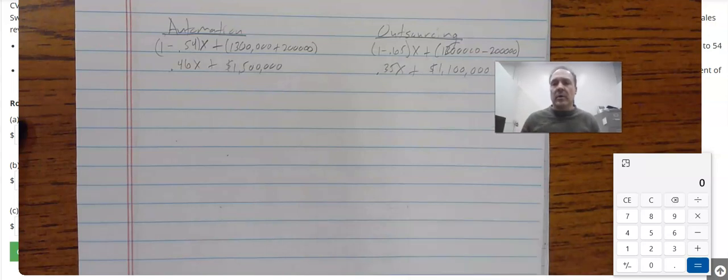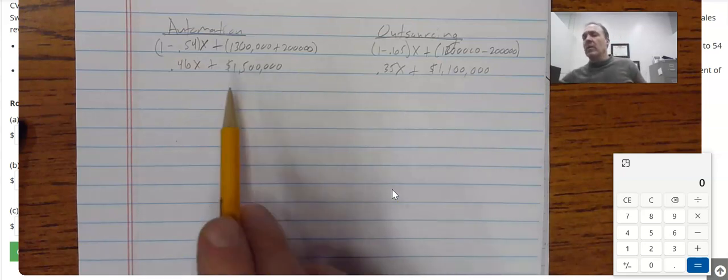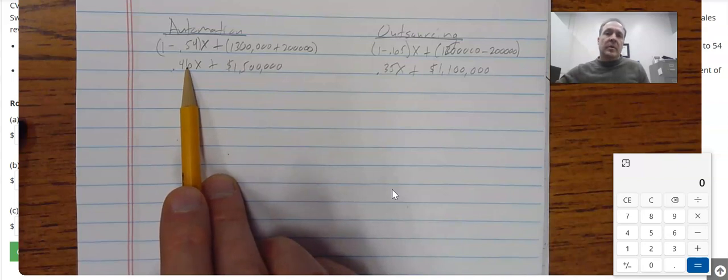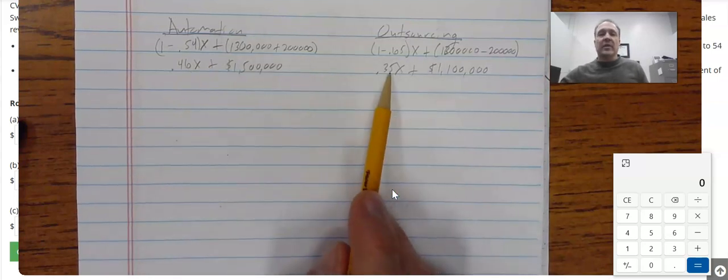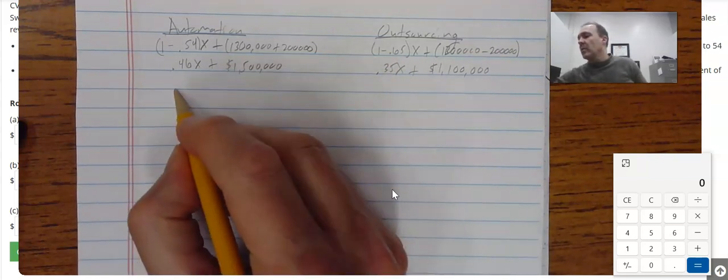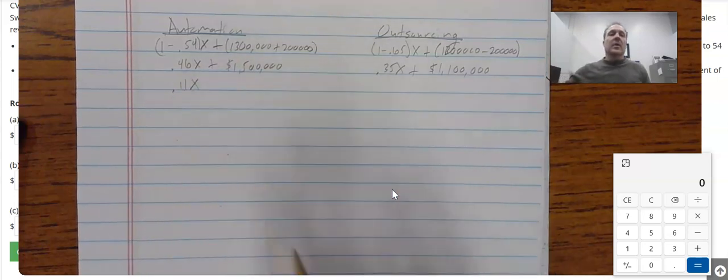At this point, we can basically get this thing solved. We're going to compare our new contribution margin ratios of 46% for automation and 35% for outsourcing, and we're going to end up with 0.11x on the automation side.